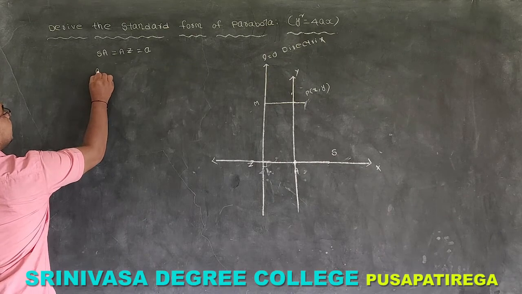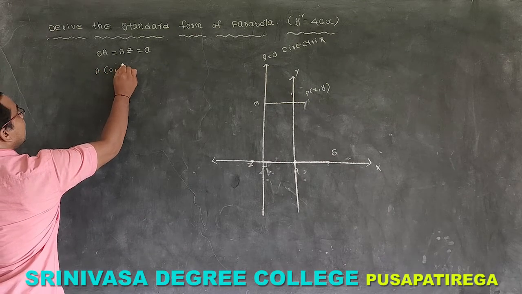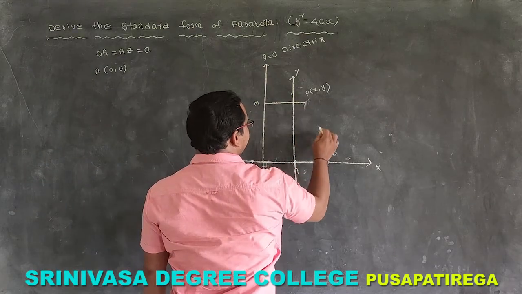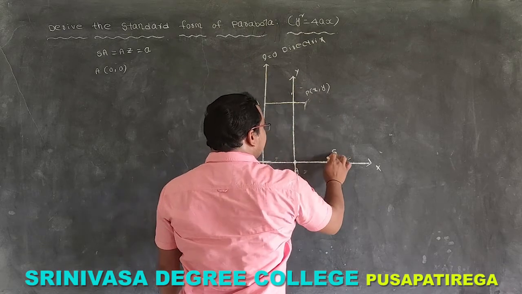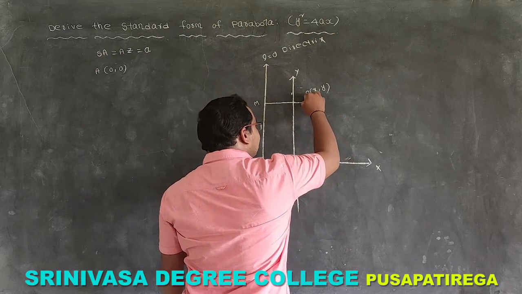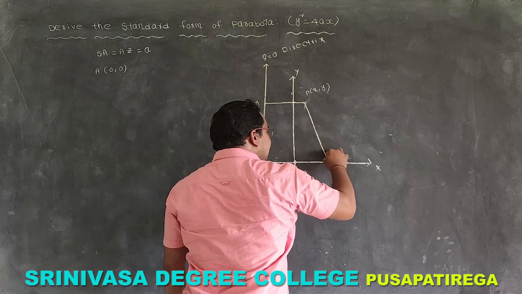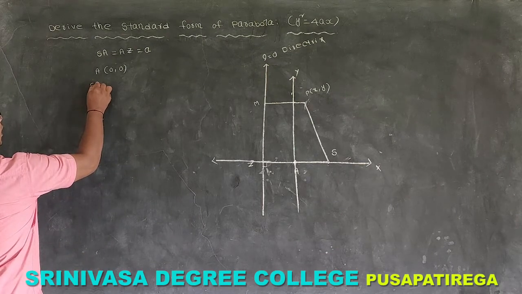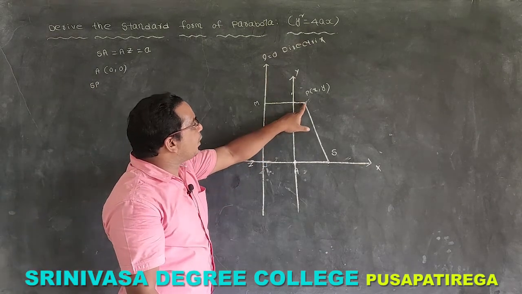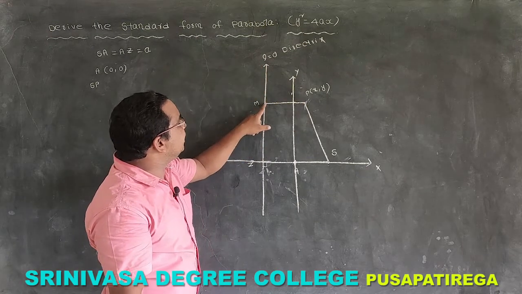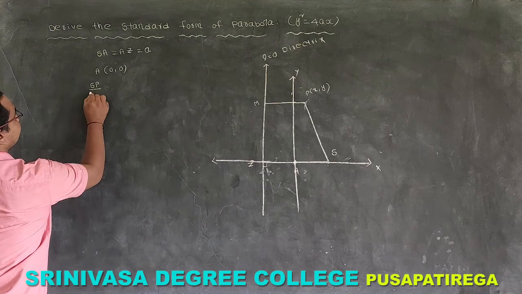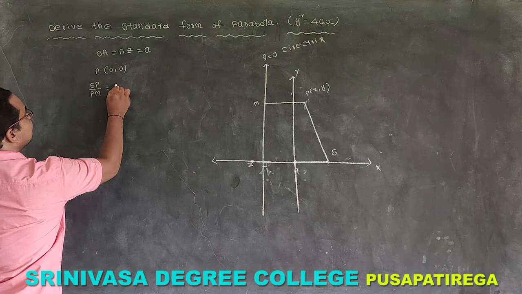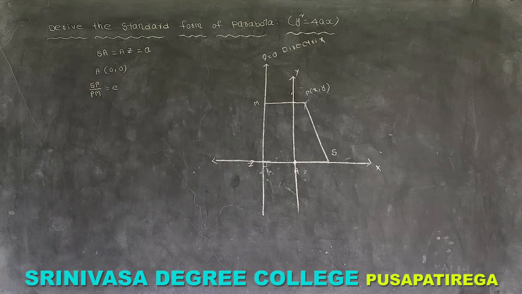Hence, the coordinates of A are (0, 0). The distance from the fixed point to the locus point is SP, and the distance from the locus point P to the directrix is PM. The constant ratio SP by PM is equal to E, that is called conic.